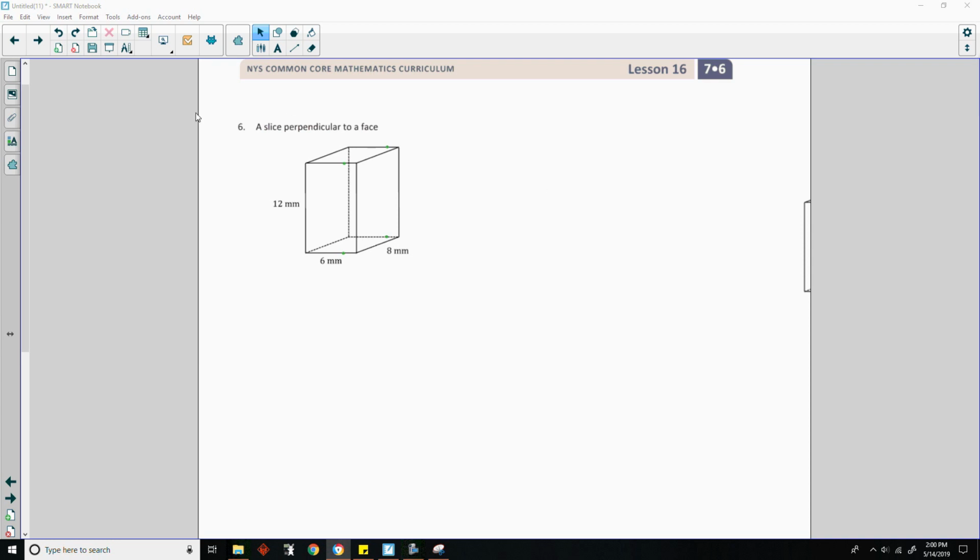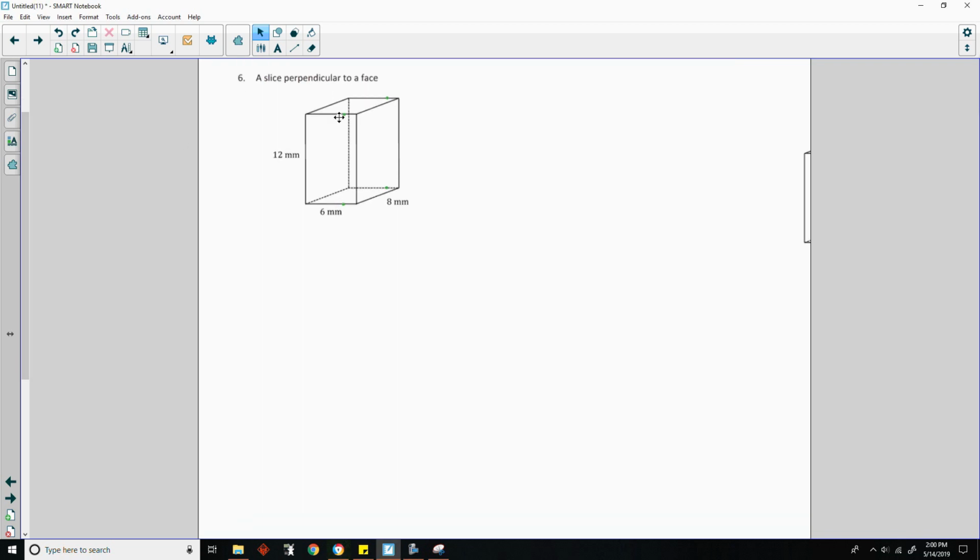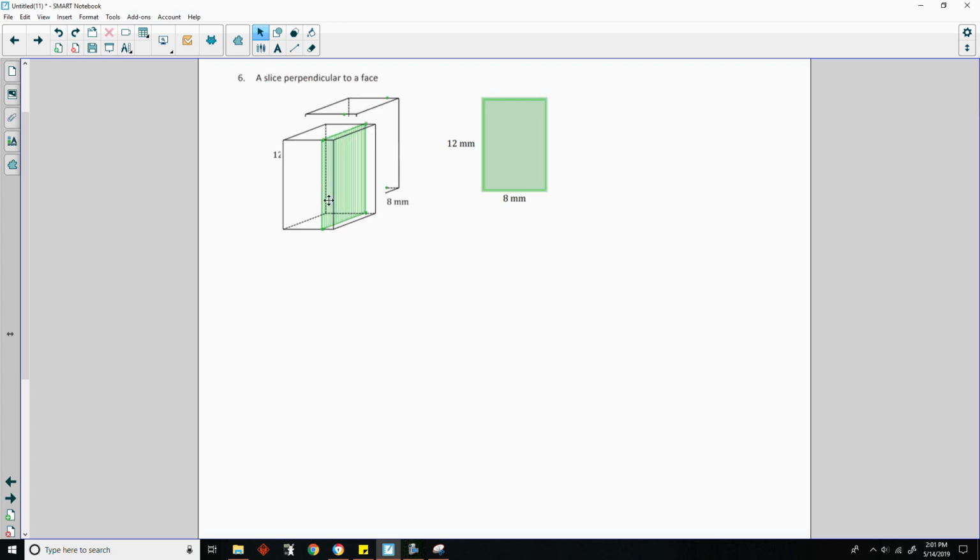Okay, page 5, problem number 6. A slice perpendicular to a face, given these 4 dots. Okay, so I've already done this off to the side. And so if I just move this over here like so, there it is. So there's the 4 dots, there's the shaded region. Okay, so if I were to cut that out and rotate it around so we're looking at it straight on, it is a rectangle with a, let's see, I think I'm covering something up.